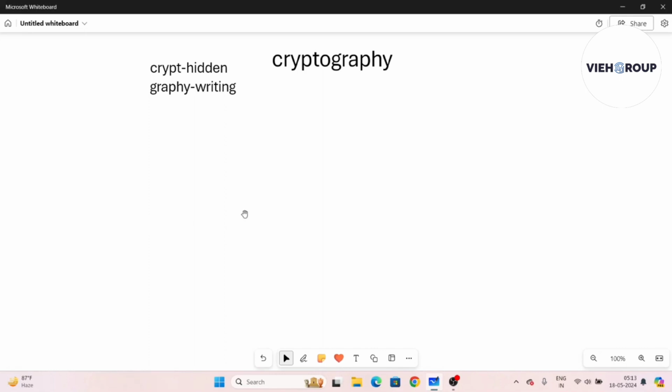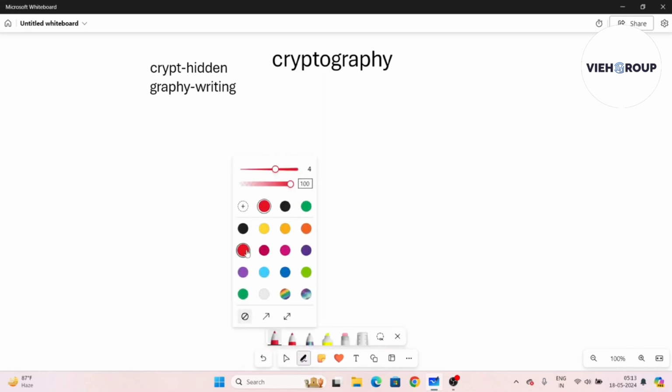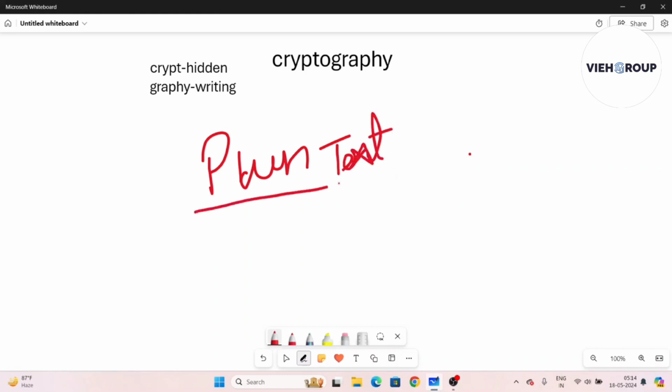Let me show you a simple diagram so you can understand more easily. Sorry, my drawing is not so good. Let's say we have a plain text. Plain text is a readable format. You can read it.